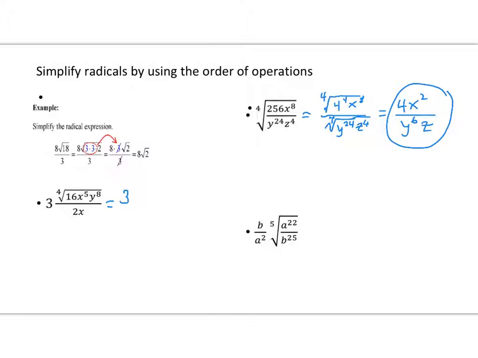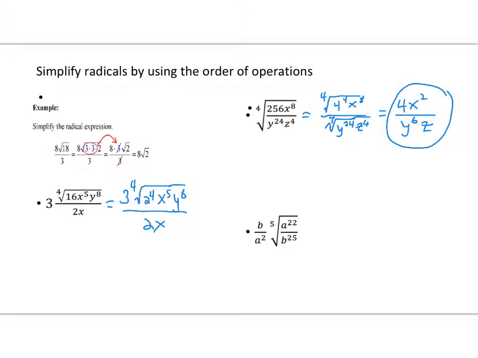So 3 stays on the outside. I have the 4th root of 2 to the 4th, because I always want to put it in the index form if I can possibly do that, x to the 5th y to the 8th over 2x.